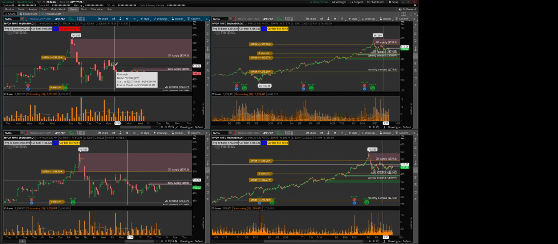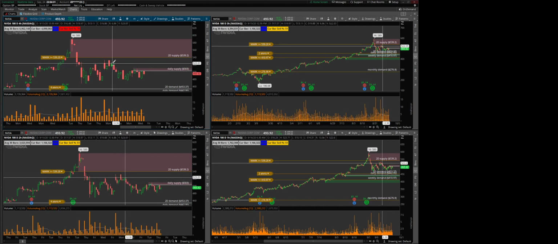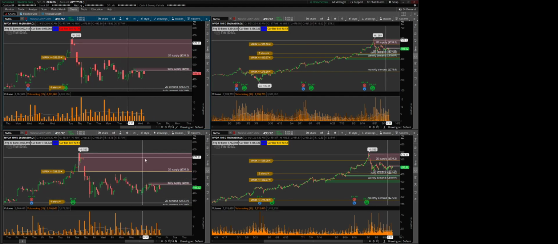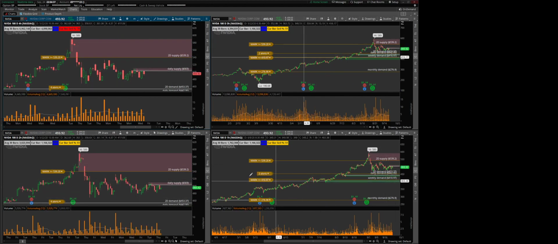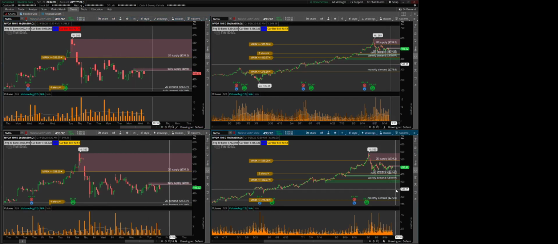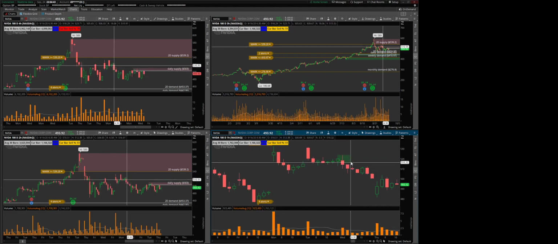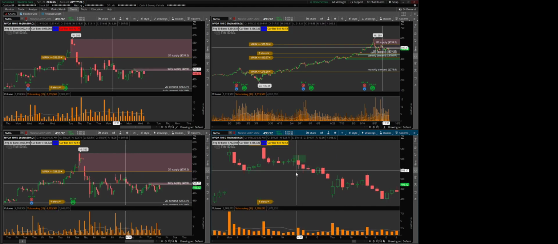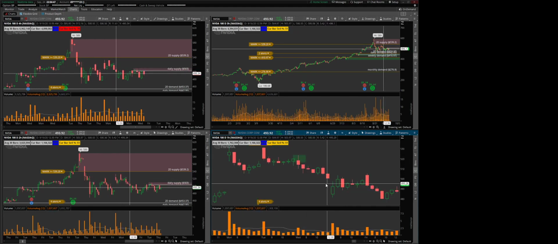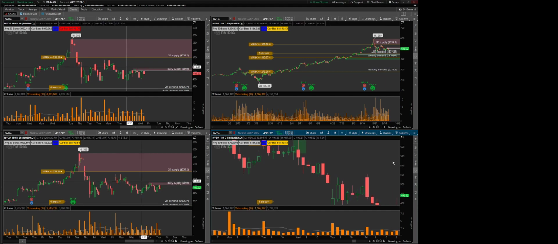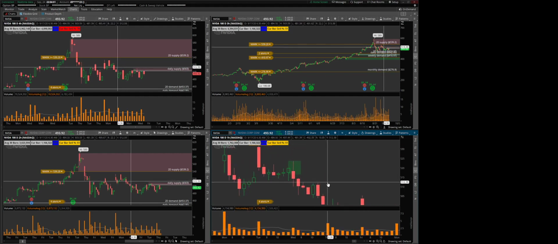I wouldn't say lessens. It doesn't lessen the strength of the pattern, but price will most likely, let's see if we can find it so I can show you guys what I'm talking about. Okay, where are we at? Right here. Okay, good example. Good enough.